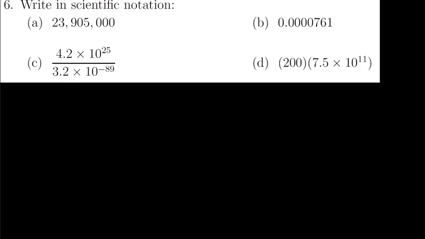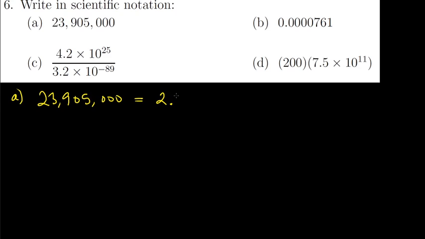Okay, so number 6, write in scientific notation. So part A, we just have 23,905,000. And so to write that in scientific notation, you just count the number of places you move the decimal until you get to the 2 here, right after the 2.